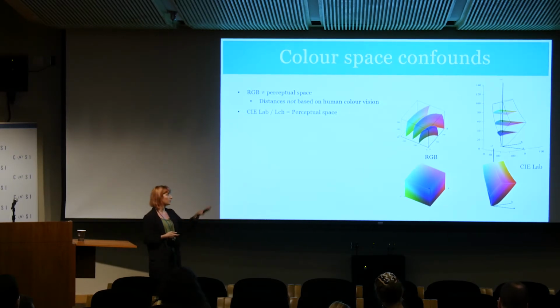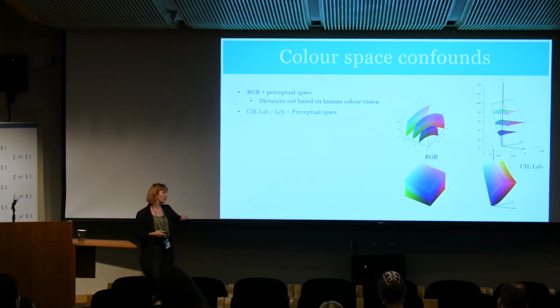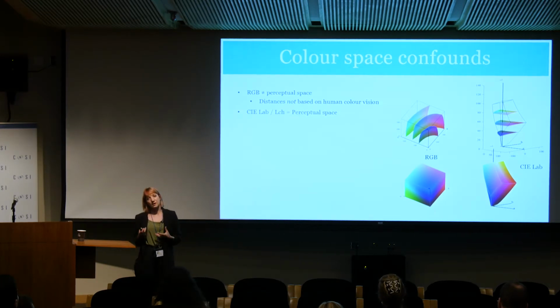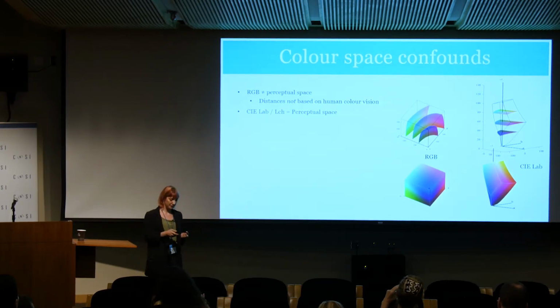So you can see from the pictures the RGB on the left-hand side, sorry, lefts and rights, never get them right. On the left-hand side, the low saturated colors are the same distance as high saturated colors, etc. However, CIE lab space takes into account that certain colors are harder to see by the human eye than others.